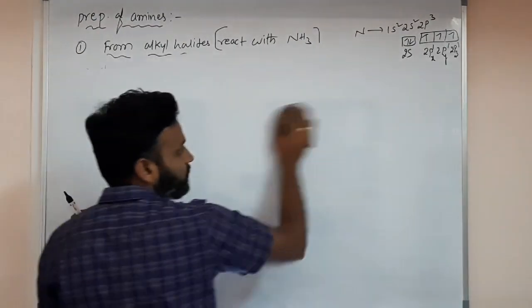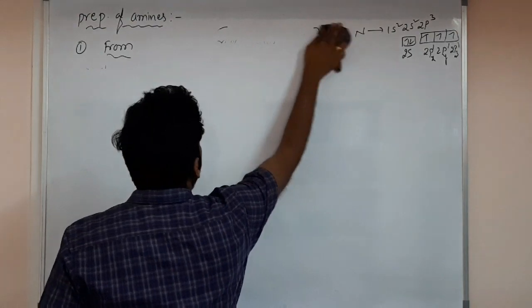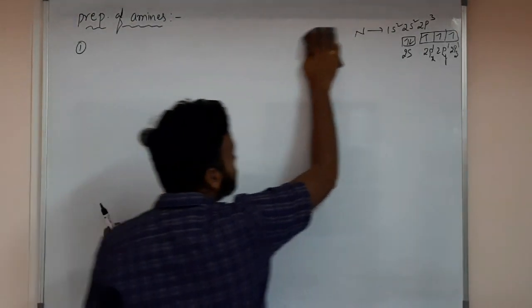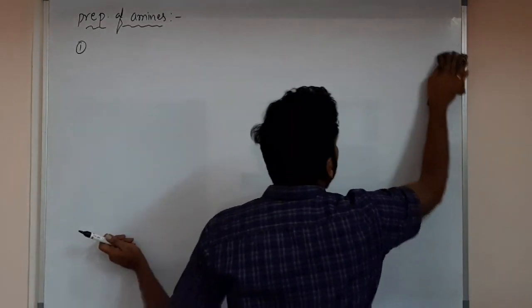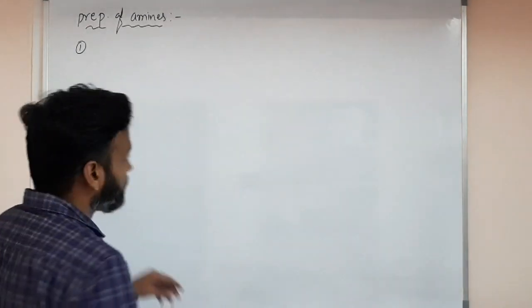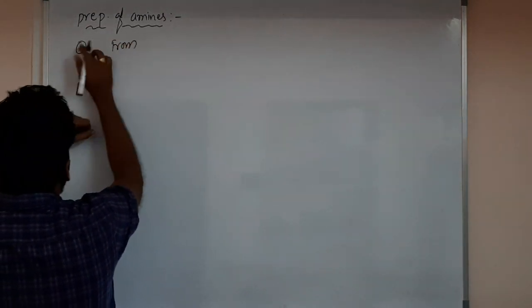Next, from alcohol, same story. Alcohols with ammonia give amines: first primary, then secondary, then tertiary.